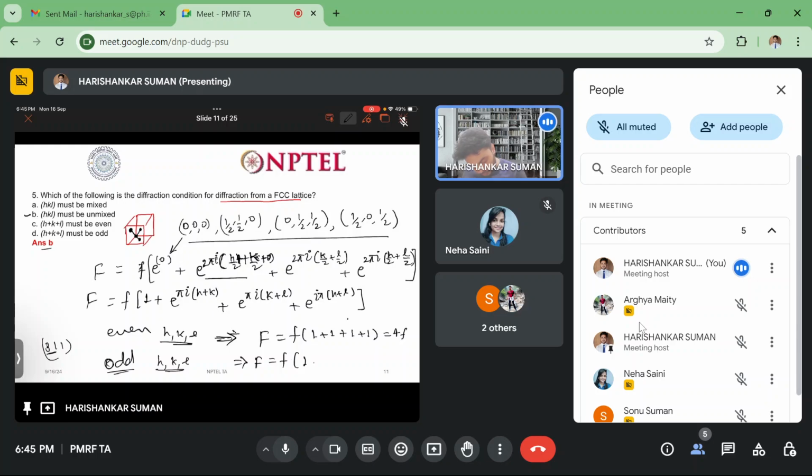So this is 1, this is also 1, and this is also 4. So in both even and odd cases, if unmixed, then the structure factor will equal 4f. If mixed, then f will be 0. You can check even or odd if these are mixed.